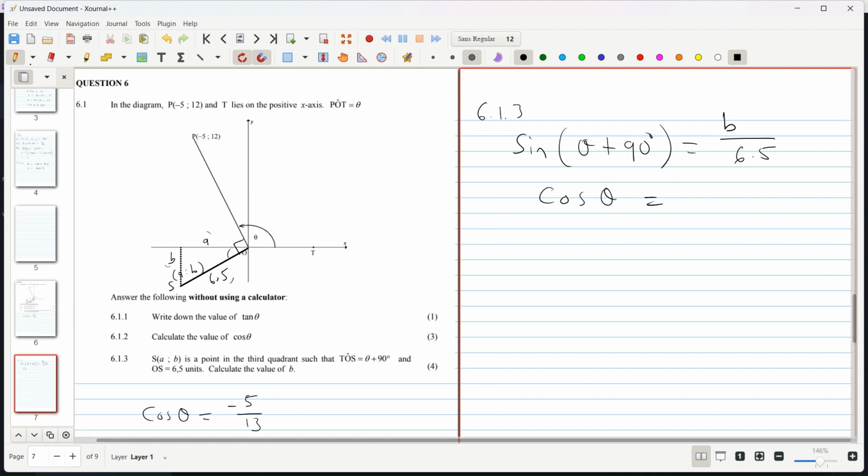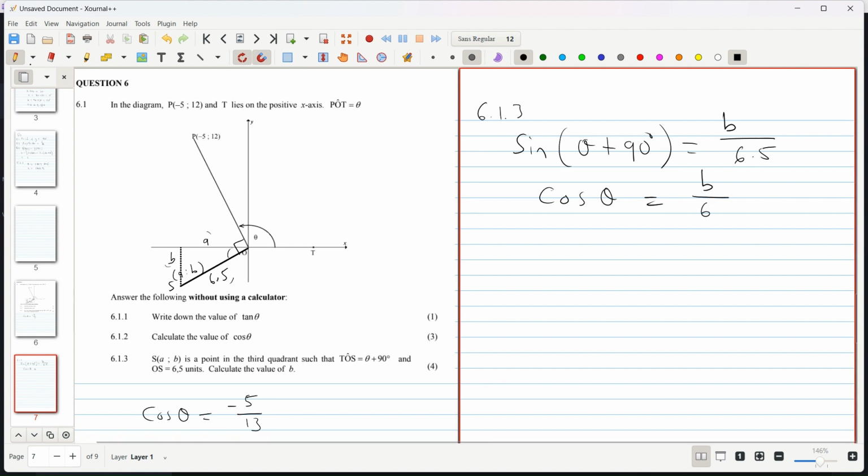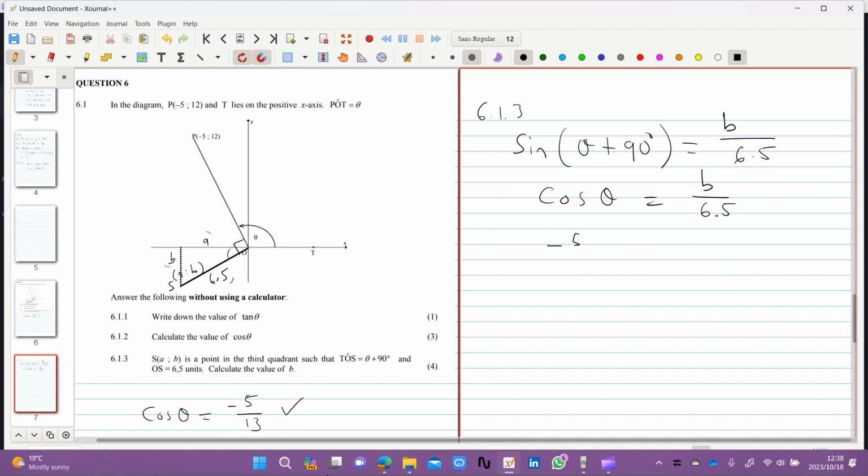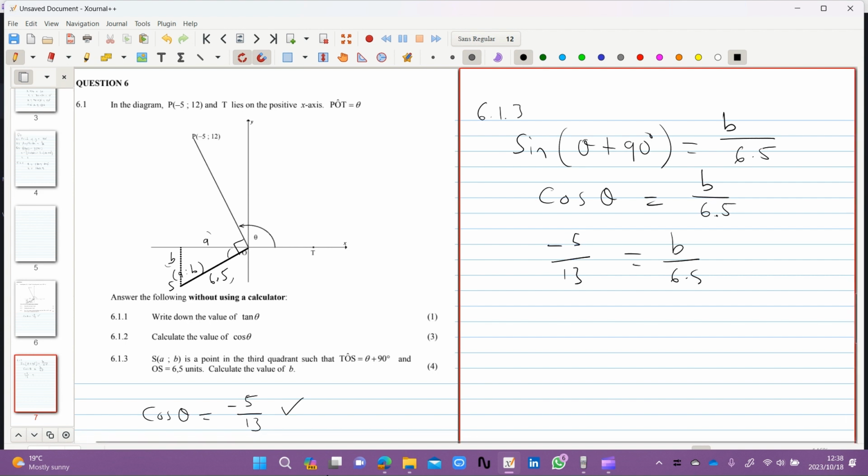So cos theta equals B divided by 6.5. But we know the value of cos theta because we calculated it in the second question, which is this one here. Cos theta equals -5 divided by 13. So this equals B divided by 6.5.